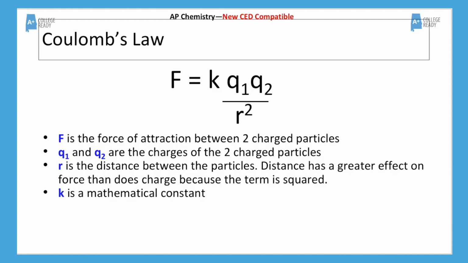Okay, so Q1 and Q2, the charged particles. In bonding, we will talk about ions like Na+ and Cl-, but in the context of what we're studying here, we're actually talking about the atom. So notice we have a positively charged nucleus, and we have electrons in different shells or energy levels around the nucleus, and the electrons are negative. So these are our charged particles. Q1 could be the positive number of protons.